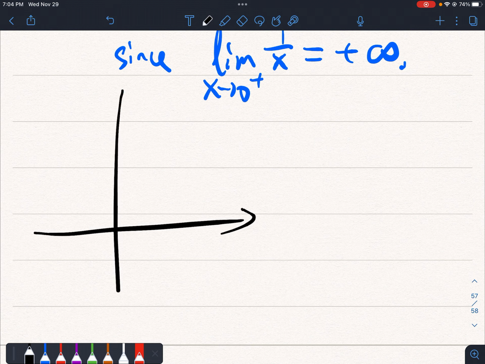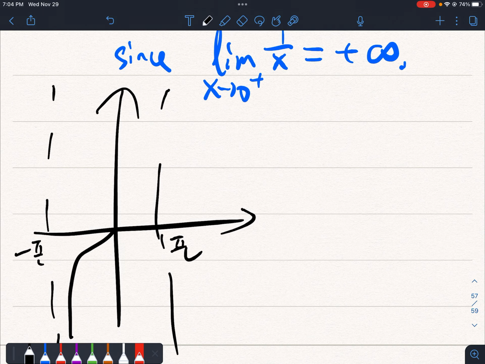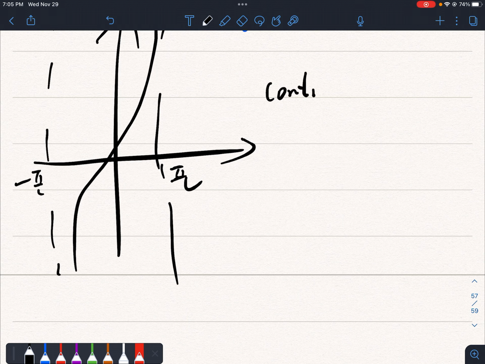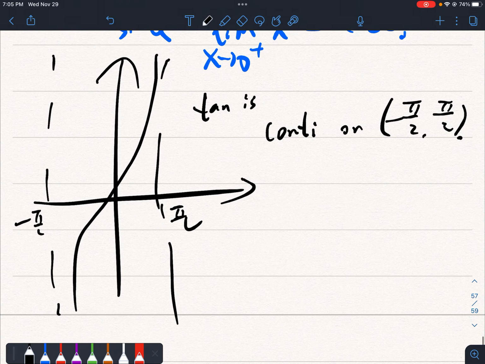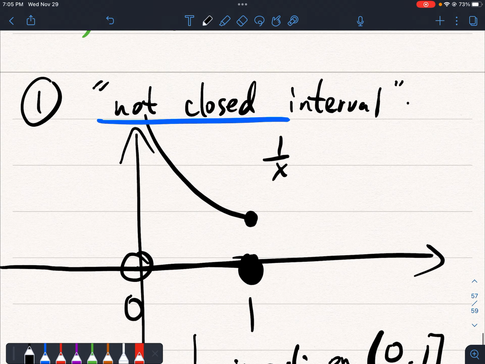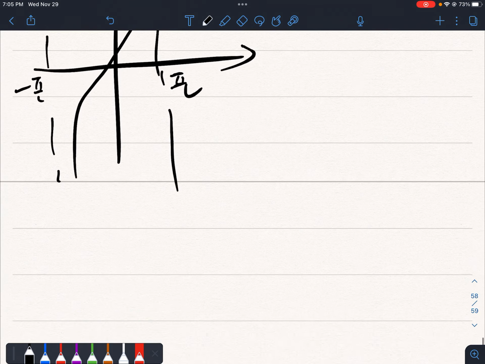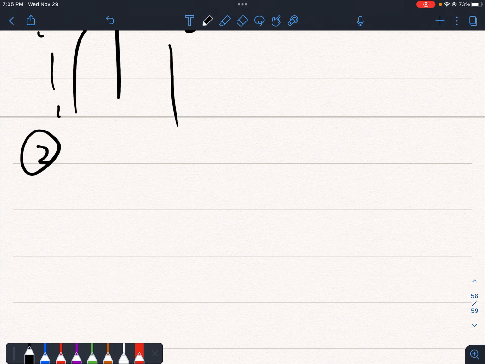Maybe we can just look at arctangent, that would be a perfect example. If we look at the graph of arctangent, with minus pi over 2 and pi over 2, the graph would be something like this. This is continuous on this open interval minus pi over 2 to pi over 2, but it has no maximum or minimum. So that's why this interval must be closed.